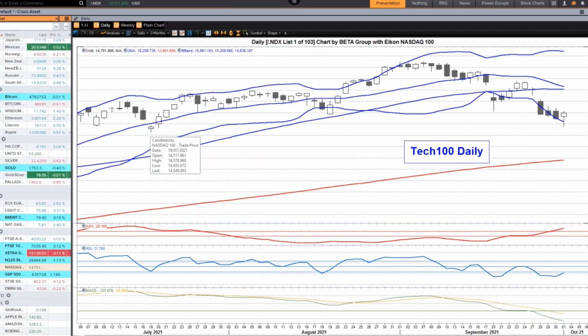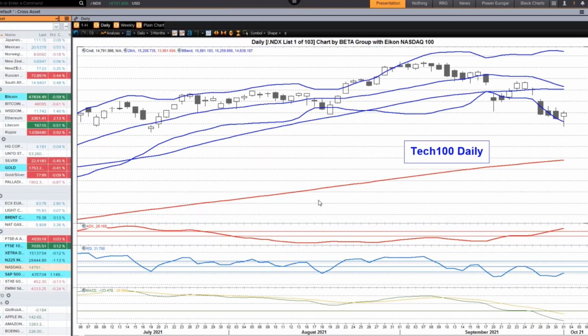Very important that that holds, 14,455, because that's the defining low of the rising lows pattern. That will be very destructive for the bull case if that low gives way. It's all looking weak, but I will say again, looking like heading into a bottom sometime soon, but it could be lower than we are now.